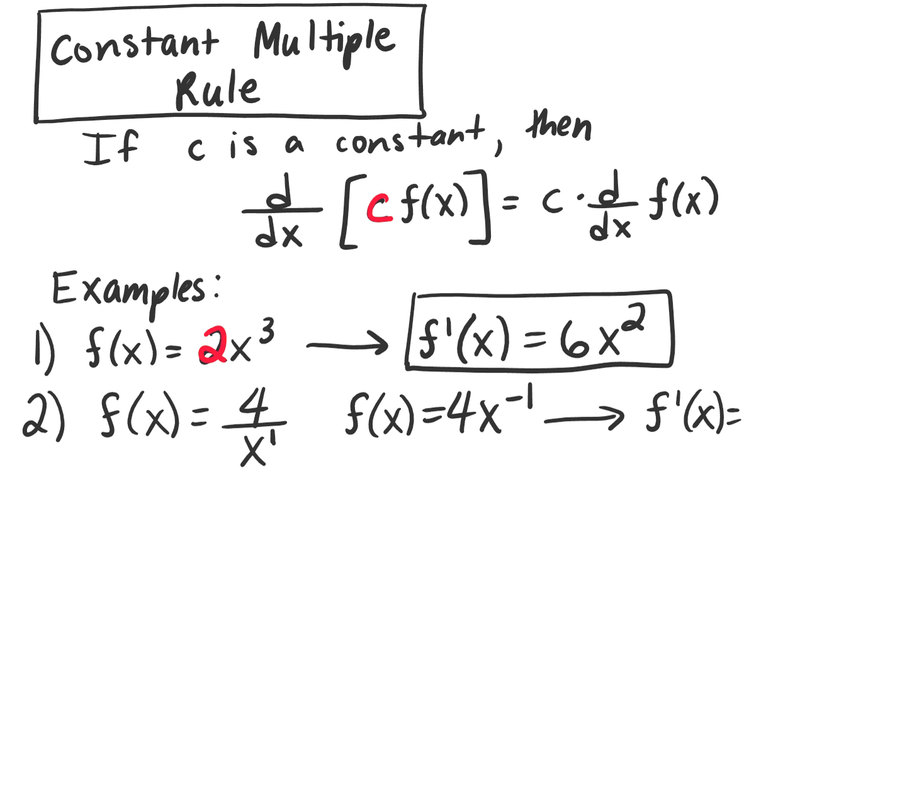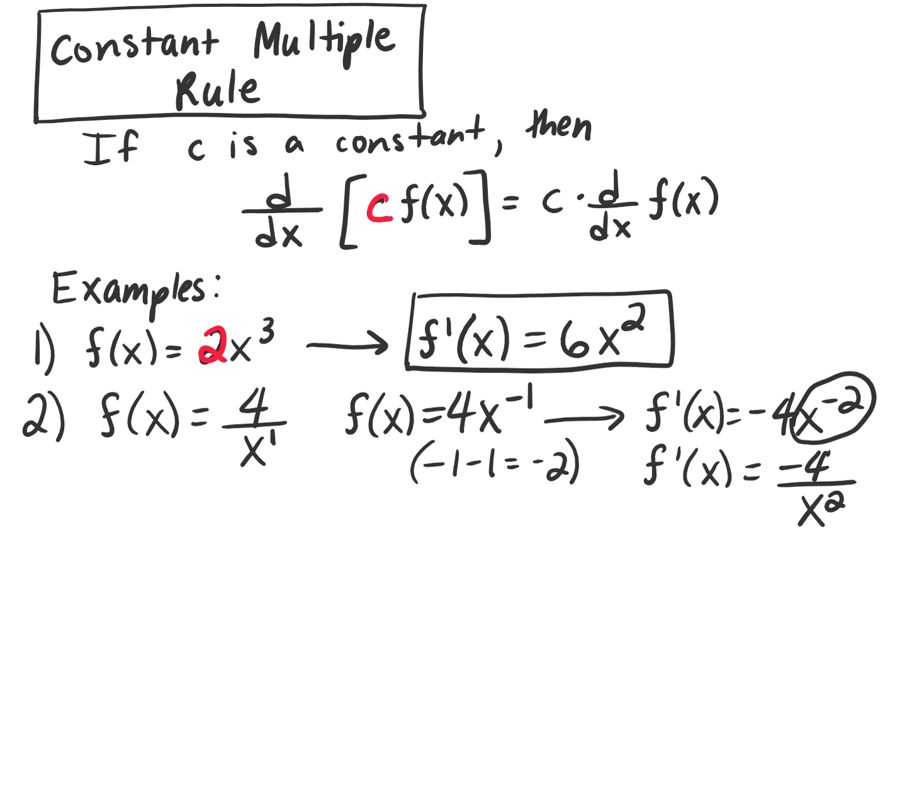That will give us negative 4 in front, x to the, and then we're doing negative 1 minus 1 to get our new exponent of negative 2. So I'm just doing this off to the side just to remind you of what you're doing. And then same thing as before, we want to bring that entire x to the negative 2 to the bottom of the fraction, make the exponent positive.